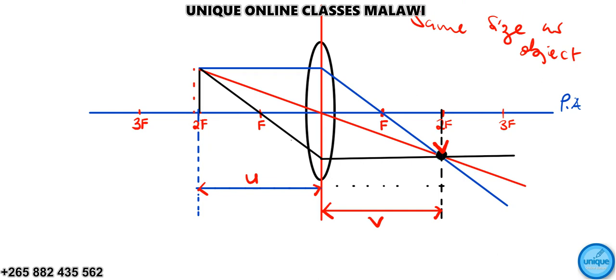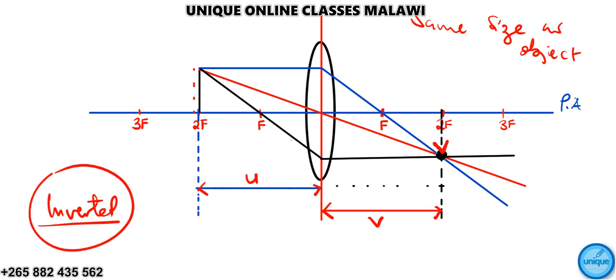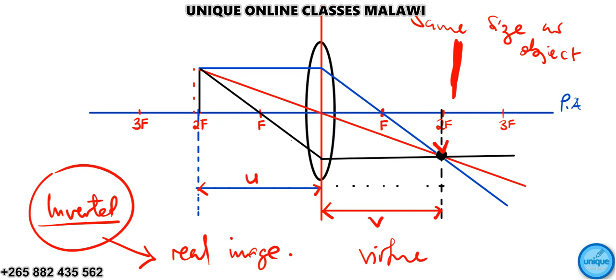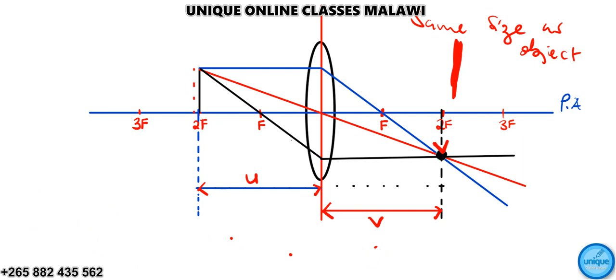So the image is inverted. Here we have a screen. When an image is formed on the screen, that is a real image. A real image is formed on the screen. The opposite of a real image is a virtual image. So that's the thing about the ray diagram when we place an object at 2f.